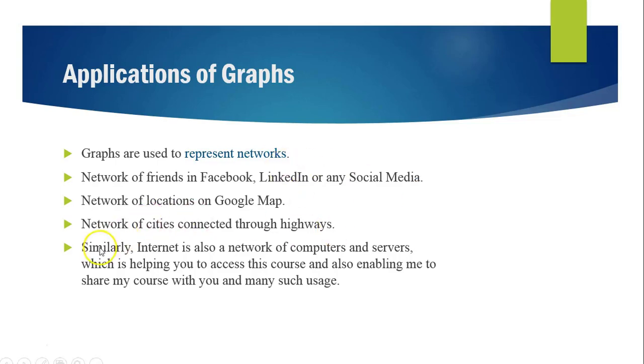They are also used to represent a network of cities, or even the internet, which is a network of computers and servers represented by a graph, helping you to access this course and also enabling me to share my course with you, and many such similar examples of networks.